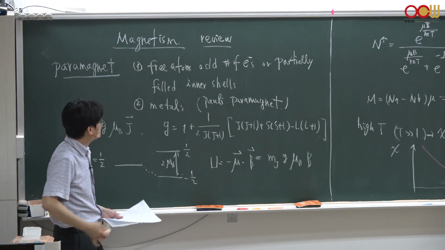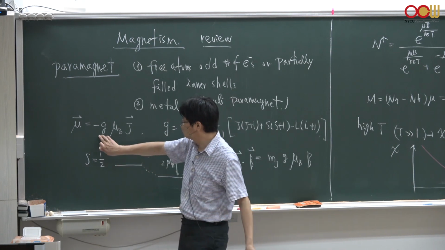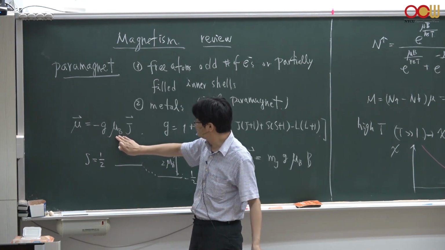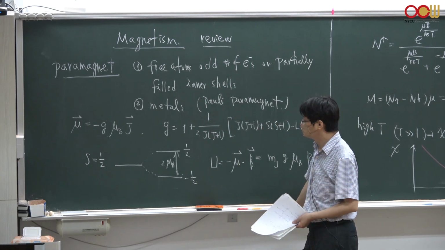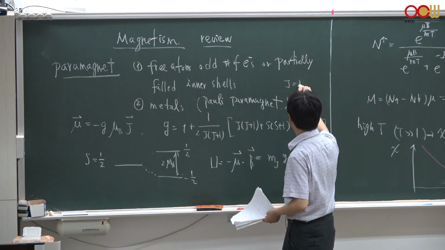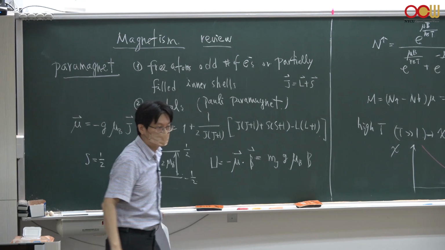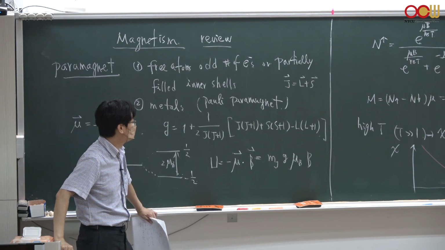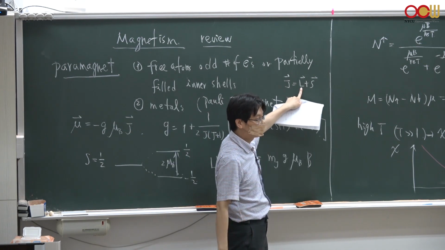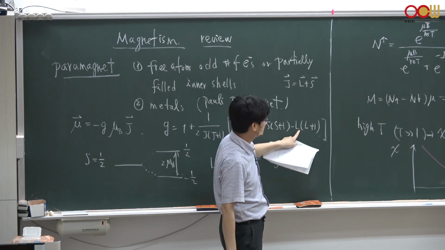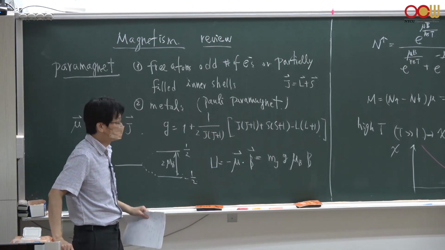In such systems, we have a net magnetic moment mu defined by minus g, where g is the g factor, times the Bohr magneton mu_B, times the total angular momentum vector J. J is given by L plus S, and the total angular momentum J carries the eigenvalue, magnitude J times J plus 1, and angular momentum L squared has the eigenvalue L times L plus 1, and S squared has S times S plus 1 as the eigenvalue.